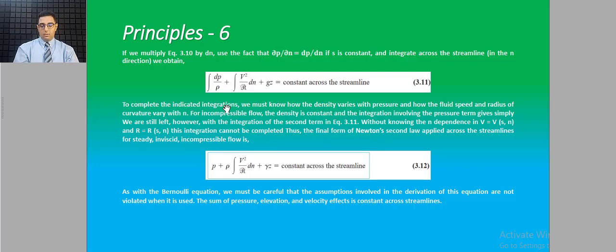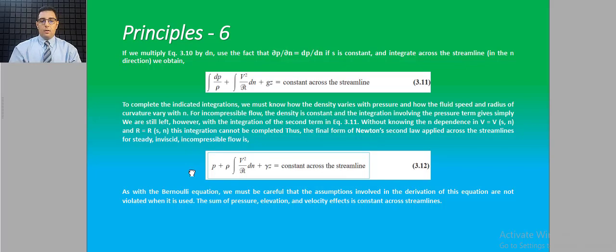However, pay attention to that: we cannot just easily integrate the term V squared over R, because R is comprised of two directions, S and N, and also the V. We have to go through the details of the variation of the velocity vector as well as the curvature. If we do know the concepts and the variation trends, we can integrate it.